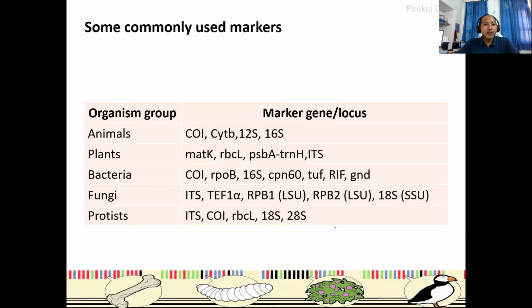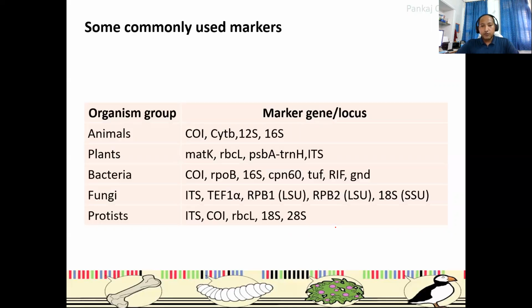Then in case of bacteria, again CO1, and 16S is a very commonly used marker gene. In case of fungi, ITS, 18S. Then in case of protists, again ITS, RBCL, these genes can be used. These are some commonly used genes for DNA barcoding studies, and these are known as markers.